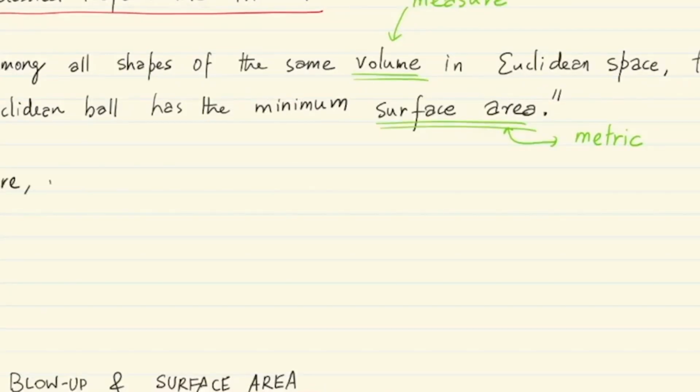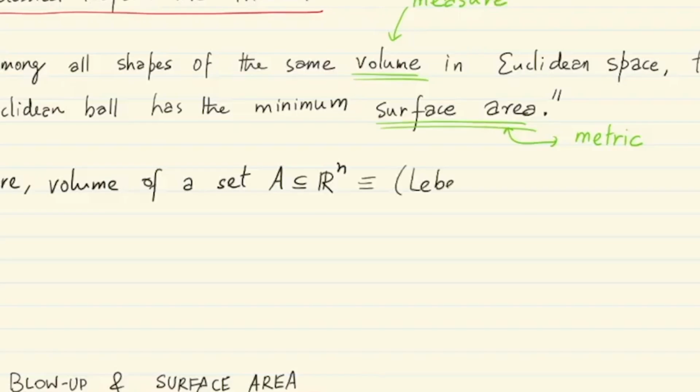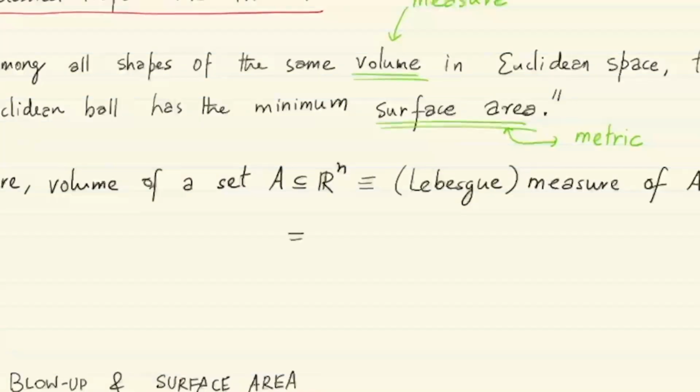So here, the volume of a set A, let's say lying in n dimensional Euclidean space, is just taken to be its standard measure or Lebesgue measure more precisely, and this is just given by the integral of dx over A, for instance.